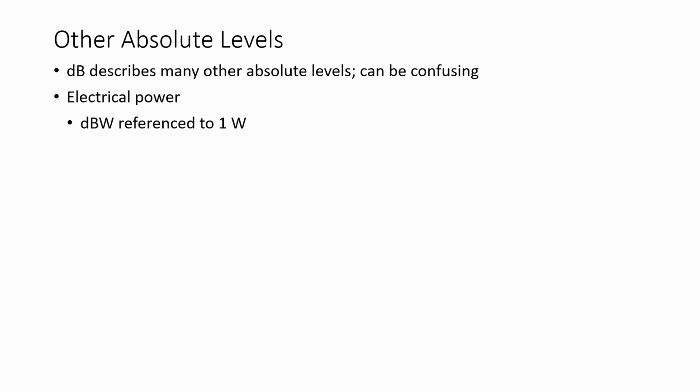In the field of electrical power and power distribution, they use the dBW, which references a power level to 1 watt rather than 1 milliwatt. And for electrical power distribution, they also use the dBV, which references a voltage to 1 volt, and this is an RMS voltage.